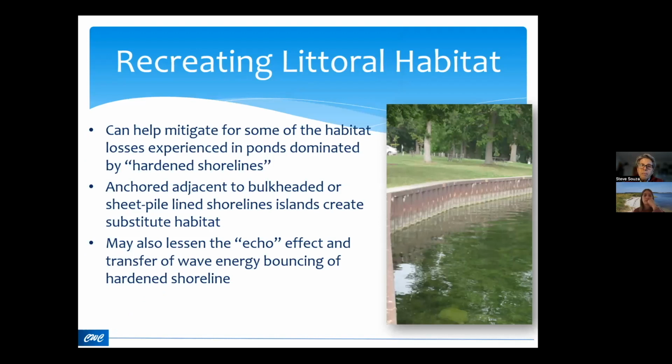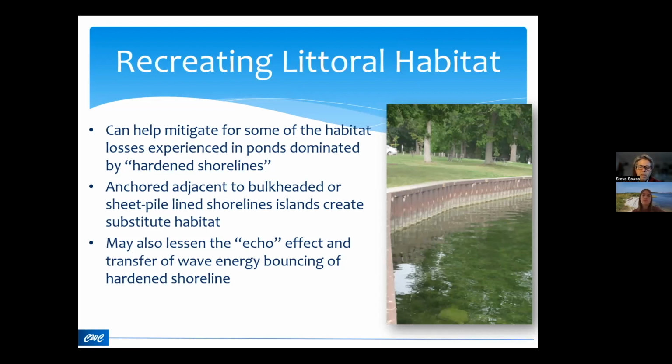As I mentioned, not only can you use these floating wetland islands as a means of removing nutrients, but you can actually create habitat. This particularly comes into play with a lot of these retention basins, or areas of shoreline, even within the bay itself, where there's been some type of bulkheading done.